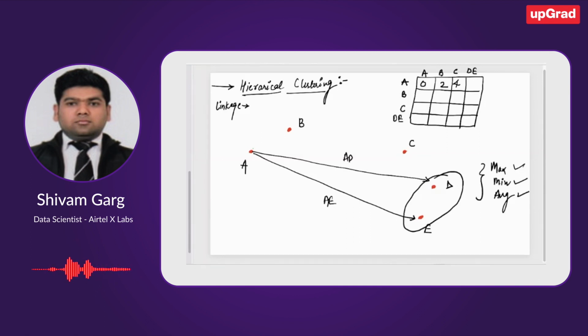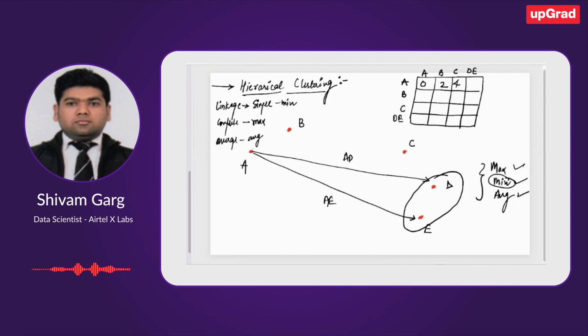If you are taking the minimum distance out of these two, jo bhi minimum ho, that is single linkage. If you are using complete linkage, it will take the maximum distance. And if you are using average linkage, it will take the average of these two. Are you able to understand that? Depending upon your linkage, that distance will be considered between these 2 data points.